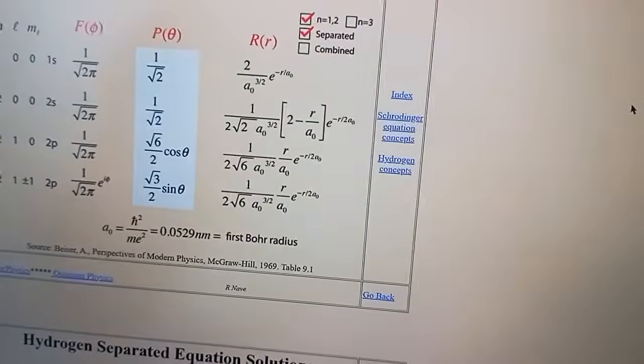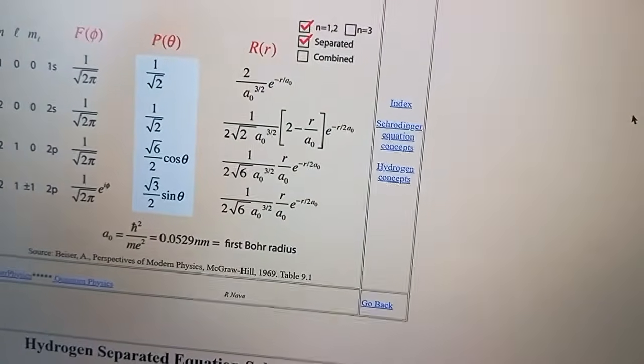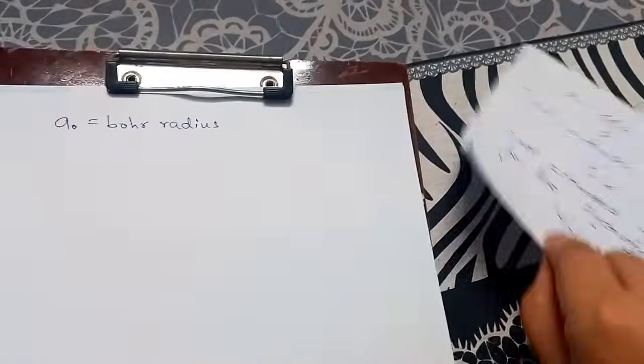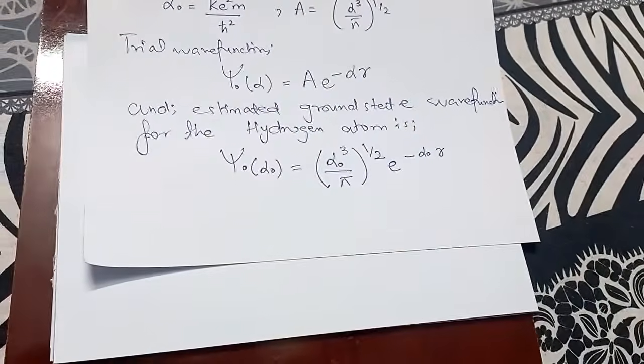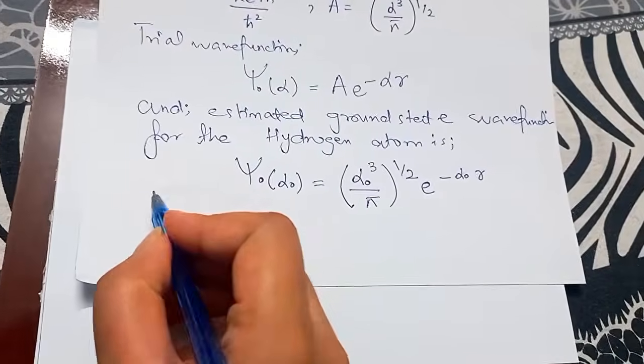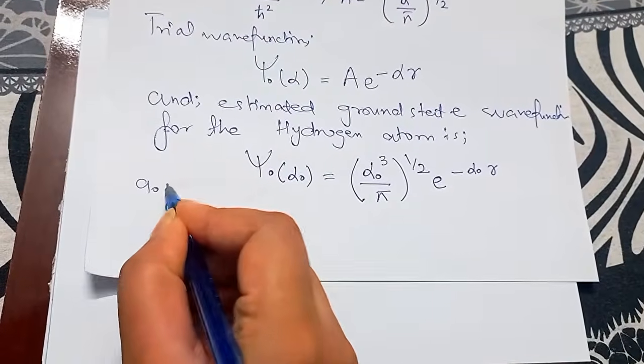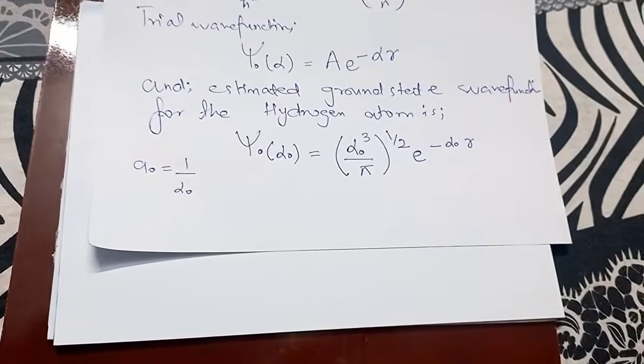All right, so we will also express our wave function in terms of a naught, and for that purpose the relation is really simple. Here a naught equals 1 over alpha naught.